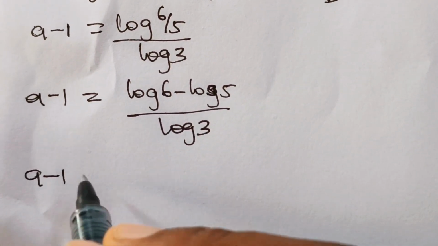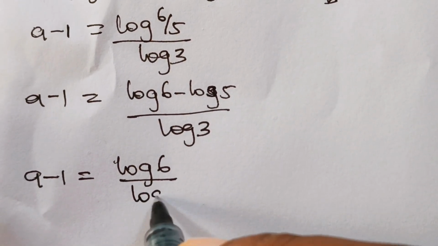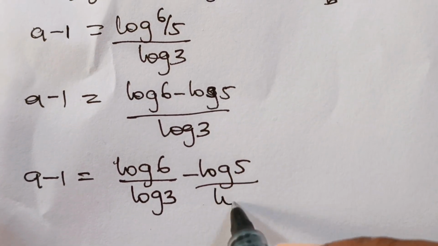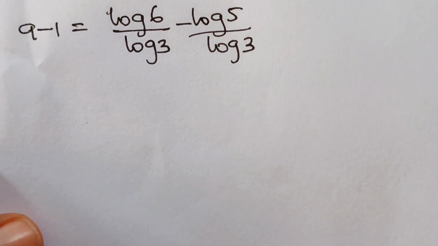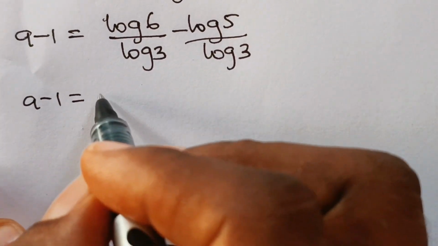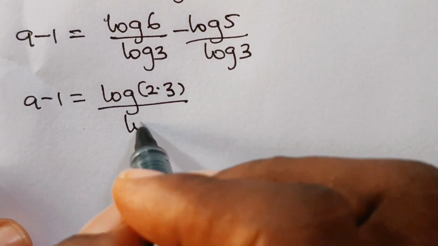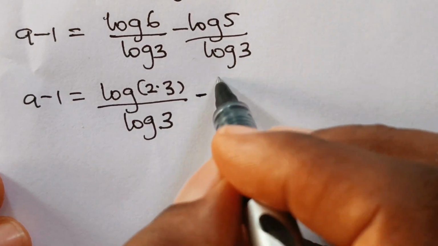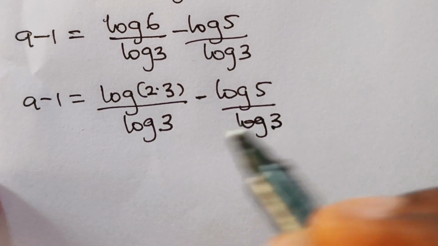So we have a minus 1 is equal to log 6 divided by log 3 minus log 5 divided by log 3. Let's continue. We have a minus 1 is equal to log of 2 multiplied by 3 divided by log 3, since 2 times 3 will give us 6, minus log 5 divided by log 3.